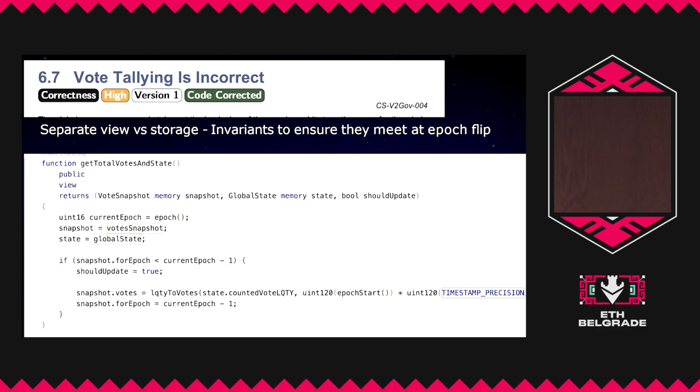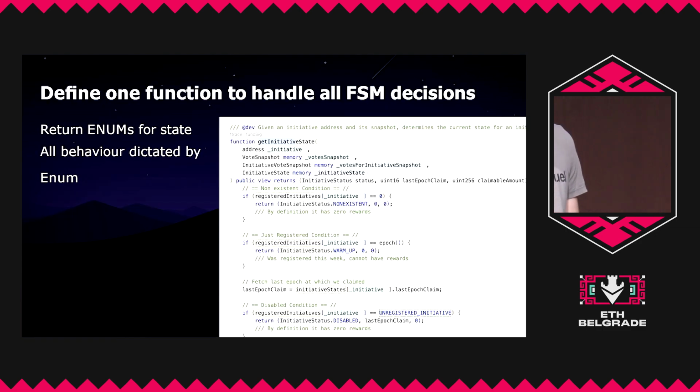So we effectively have a rolling cache that tells you whether you should actually call the storage-altering function to alter it. And then I tried my best to make this get initiative state function fully stateless. It's not exactly stateless, but it's fairly close, and it makes it so that we can just pass these internal storage values, and effectively get all of the possible states that the contract can be in.